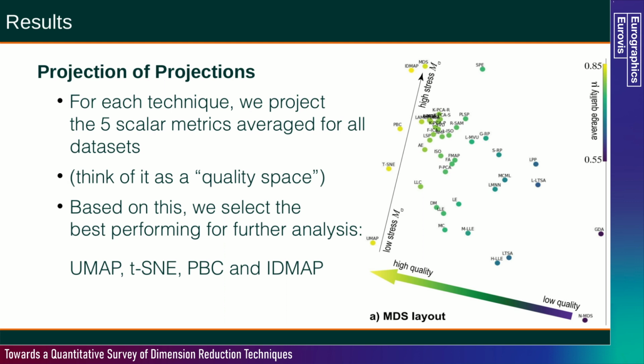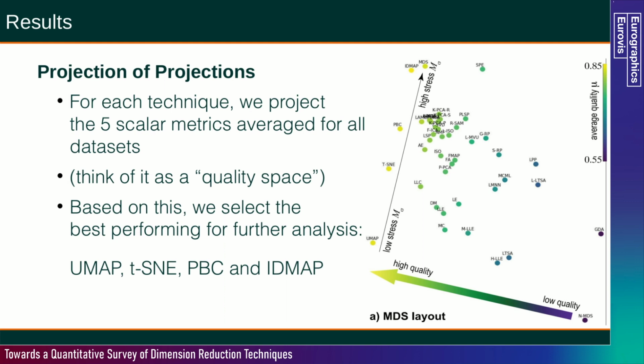So we took the 5 scalar metrics average for all data sets. So we have rows for each technique with 5 different variables for each one. Then we project them using MDS, which is a global distance preserving technique. And based on this, we select the best performing. So you can see that you have a sort of a quality horizontal axis and sort of a stress vertical axis.